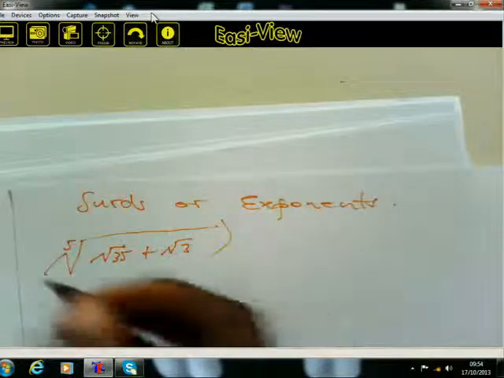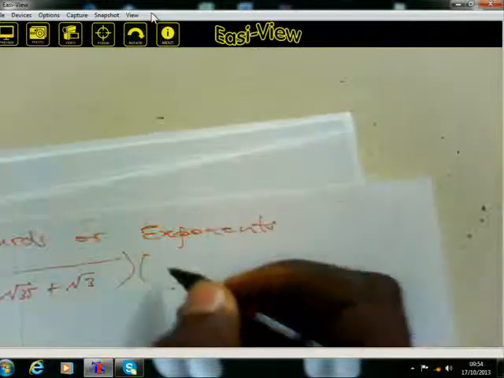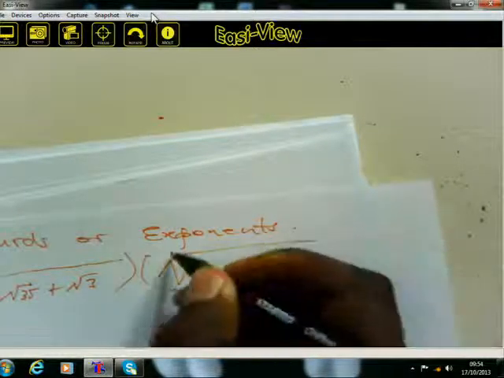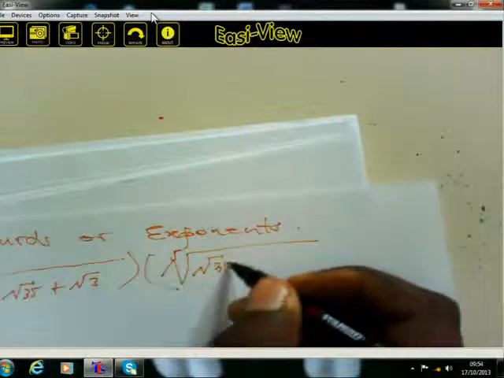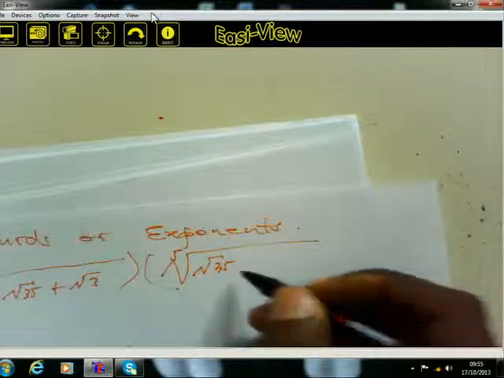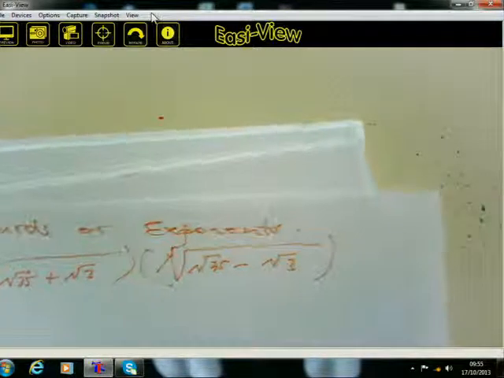Now this thing is being multiplied by the fifth root of the square root of 35 minus the square root of 3. Then surely this is what we call a set.